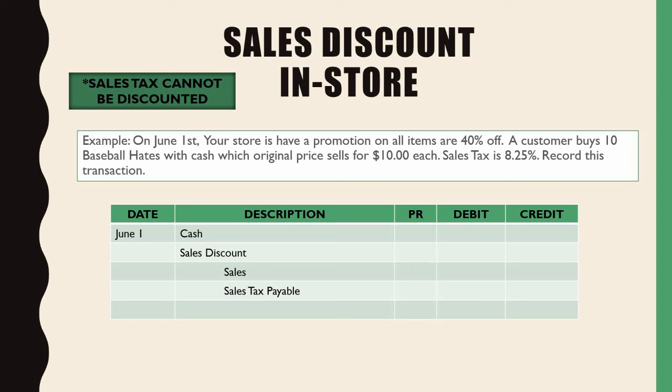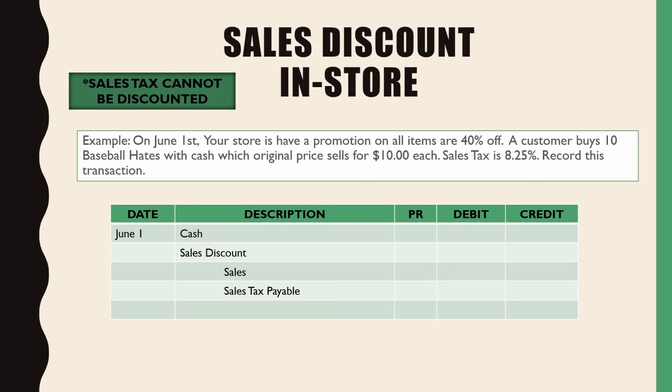Then you get your total amount, then your tax, and then the cash that you paid. In this case, you are not able to take a discount off of sales tax. You can't discount sales tax. You can't discount shipping and handling. You can't discount anything except the product.